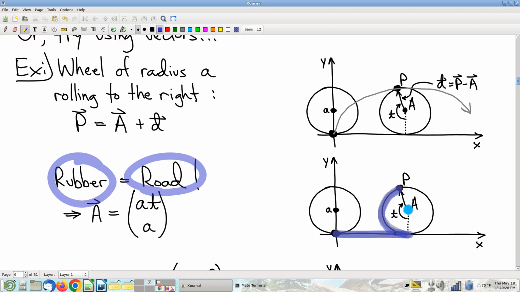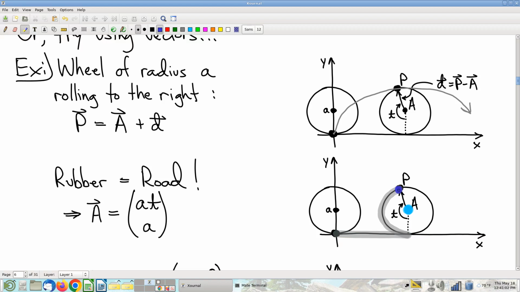It's just a purely physical appeal. But if that wasn't true, you'd be either skidding along or you'd be burning rubber. Your wheel was slipping because you're pushing too hard or something. So we're going to assume dry, flat road, and you're not doing anything crazy. Then this is just how rolling works. Everybody buy it? Okay. All right. So the good news is, if you think about it, this is what we're interested in, the x-coordinate. The amount of road that has touched rubber is the x-coordinate that we're interested in.